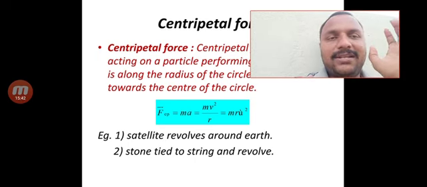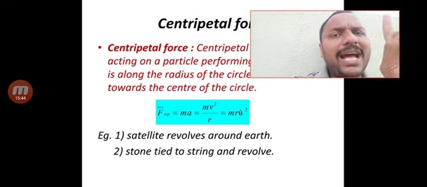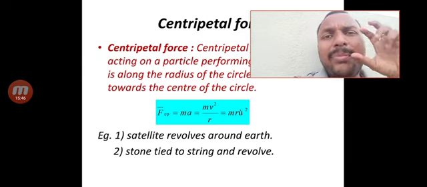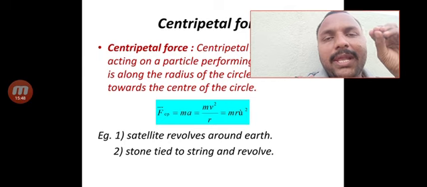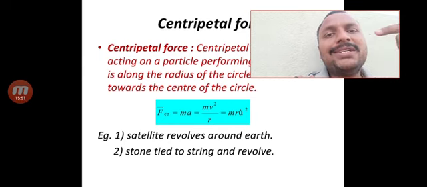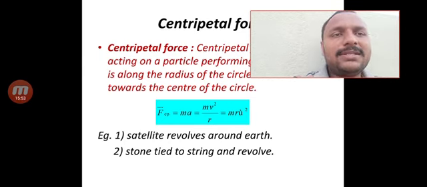Remember that centripetal force is not actually any other force or any basic force. This is only a label, if that force is toward the center. Okay, this is a centripetal force.